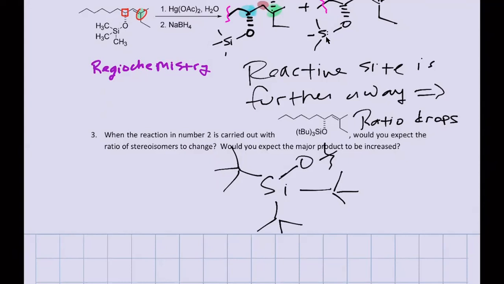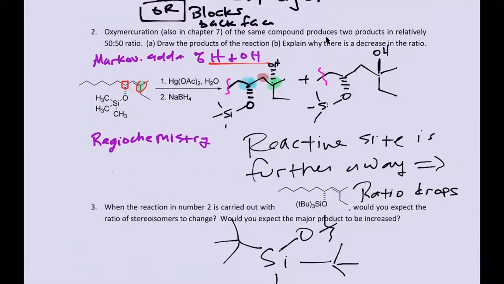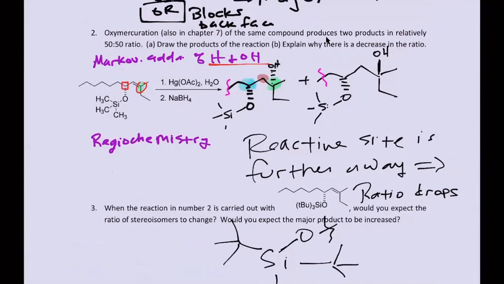Because we said that this was almost 50-50. What do you think is going to happen if I bulk up that group that's already there, this group right here? Right. What happens if I make that bigger?